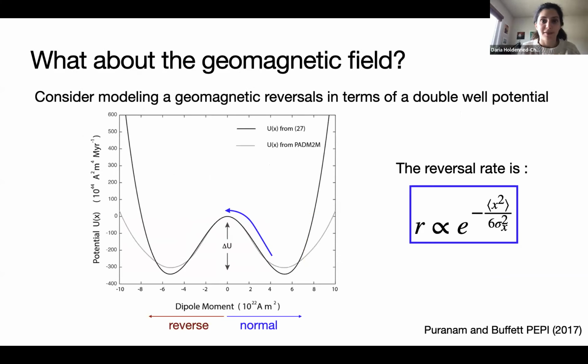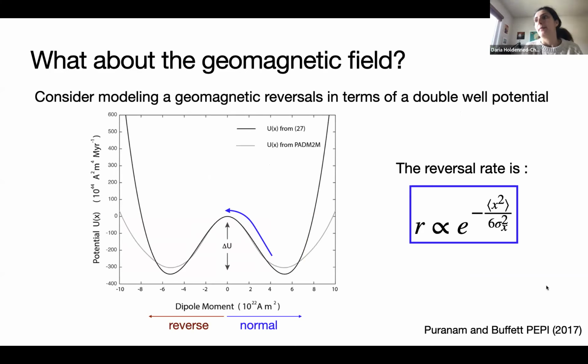So I've given you a lot of information about the temperature field, which might be disappointing to a lot of you. So I thought for the last few minutes of this talk, I'd leave you with some insight on how this connects to the geomagnetic field. So this is a plot from a paper by Purnam and Buffett.